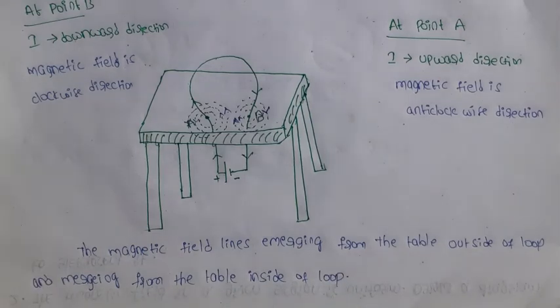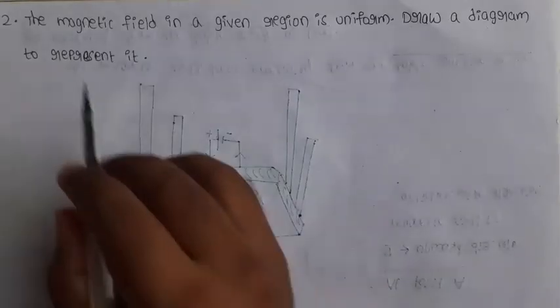This is the direction of the magnetic field. So magnetic field lines are emerging from the table outside of the loop and merging into the table inside the loop. This is the answer.